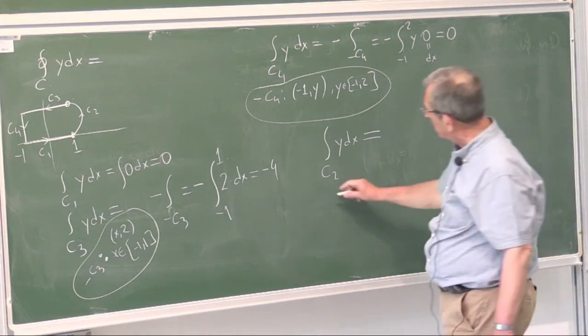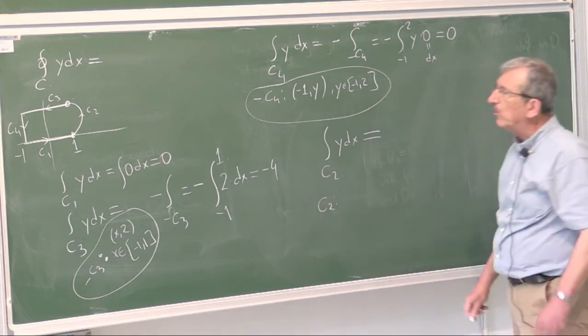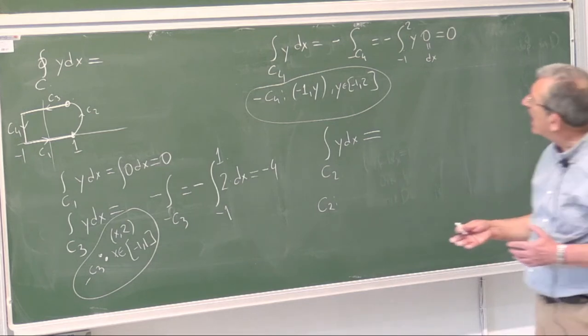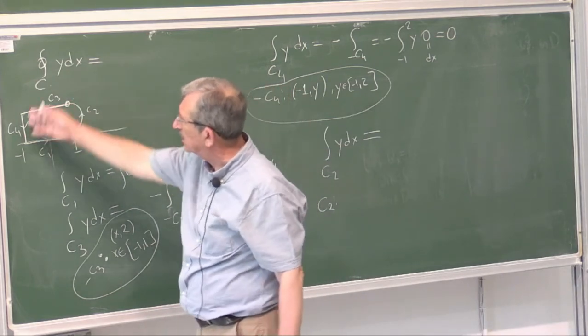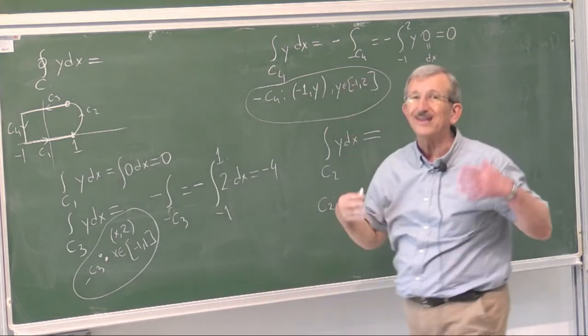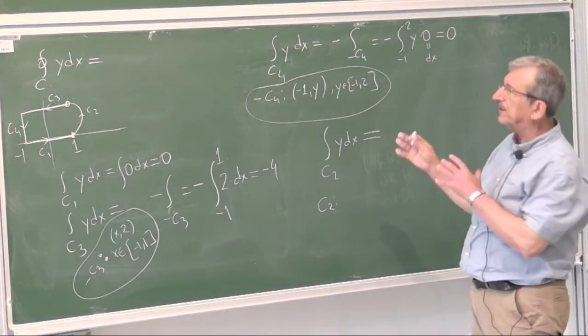So, for example, C2. What do we have for C2? Well, C2 is a curve. Fine. Okay. And it is not a straight line as in the previous cases. It's a circle, so we have to use a circular parametrization, but it is a shifted circle.